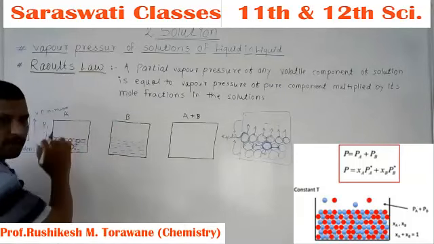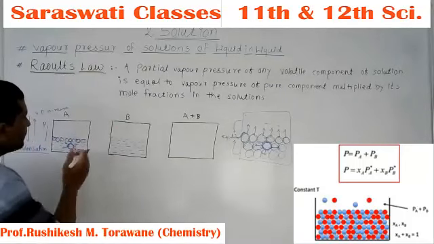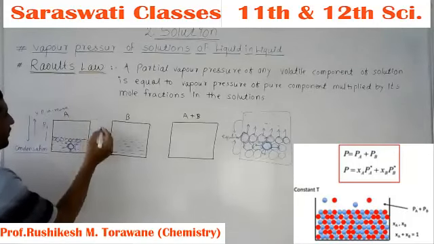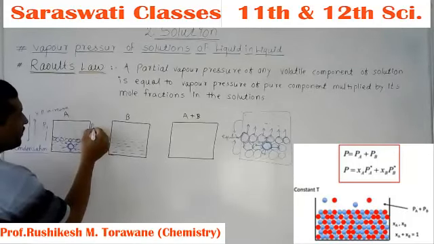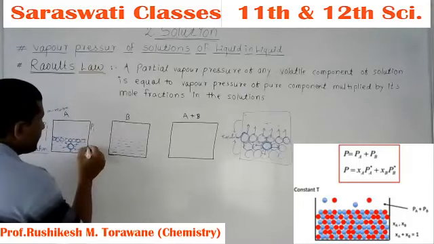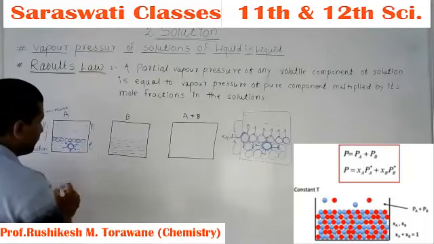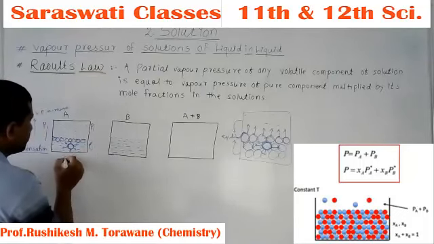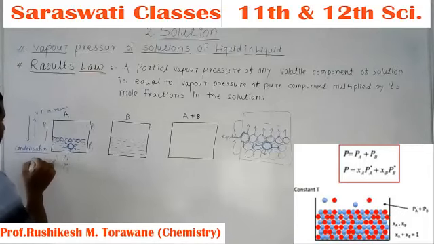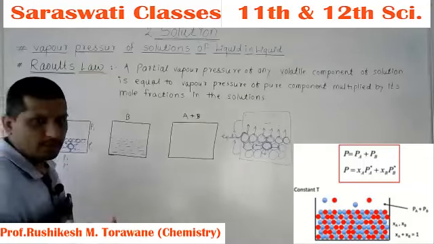This is one component. In a similar way, we indicate the vapor pressure here as P1, and at equilibrium the vapor pressure as P01. Some books also indicate PA, P0A; it depends on your understanding.